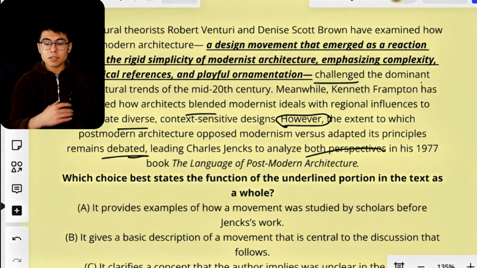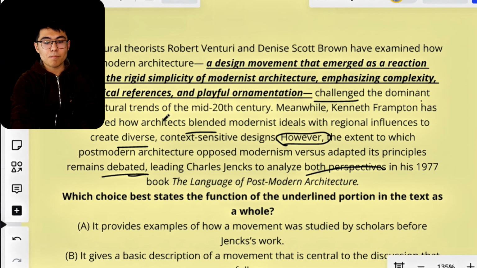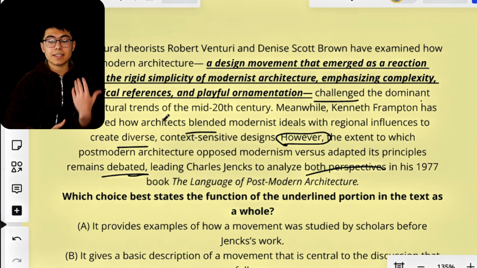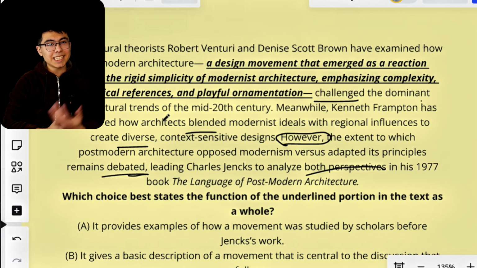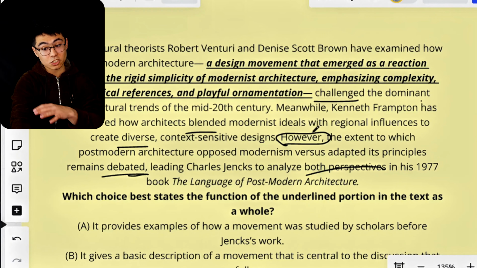So the underlined portion here defines postmodern architecture, and it describes its key characteristics. The rest of the passage discusses how scholars studied postmodern architecture, and it also has a shift here.